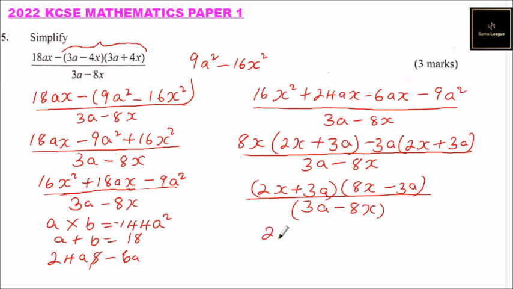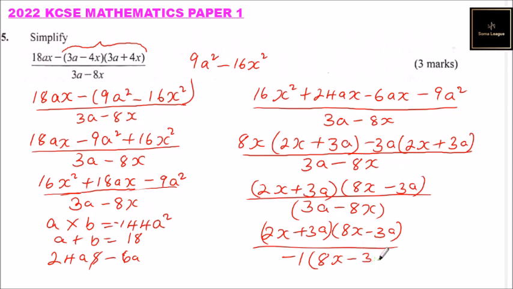So we have 2x plus 3a times 8x minus 3a, and we factor out minus 1 from the denominator so that we are left with 8x minus 3a, so that they are the same and cancel.